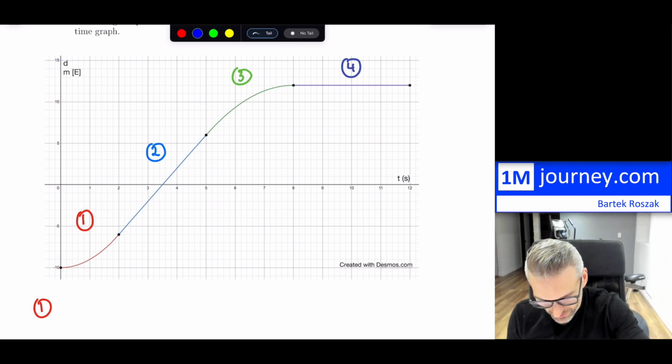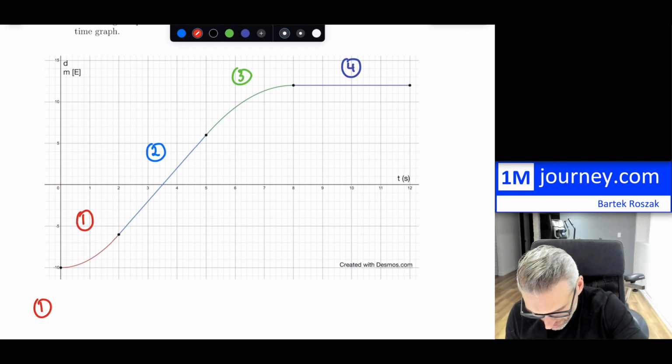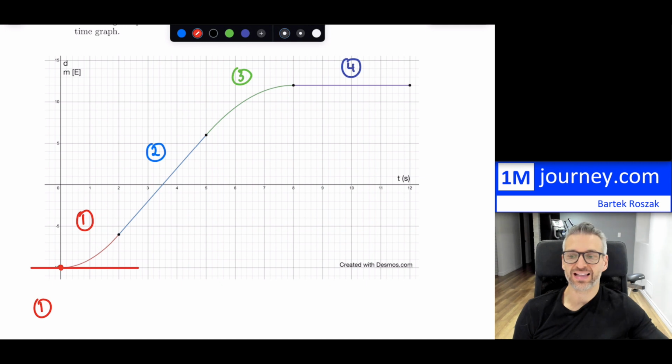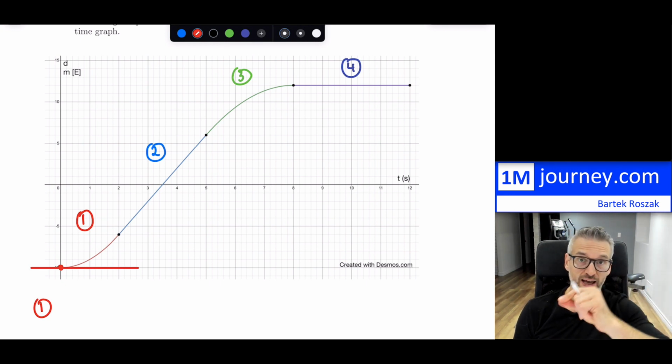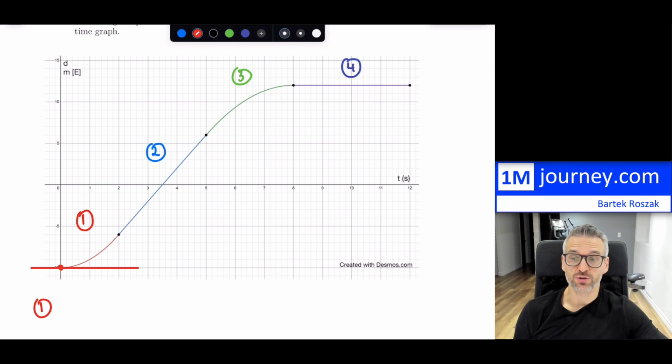Because you put a tangent line right at the start point, it's basically a flat line. That flat line means that initially you started at -10, east, or 10 west, and you were not moving at all. Your speed was just 0, and then you started to take off, so you started to accelerate.